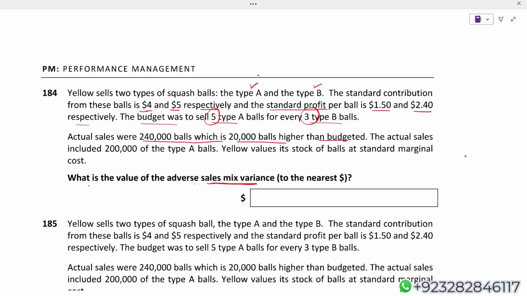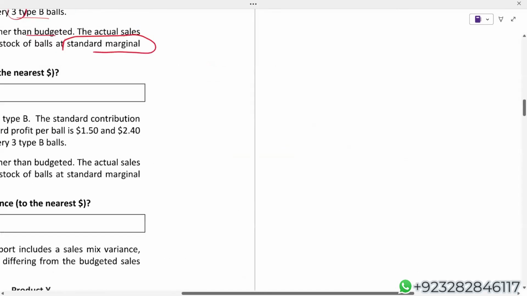The actual sales include 200,000 type A balls. Out of this 2,40,000, if 200,000 belongs to type A, obviously 40,000 belongs to type B. Yellow values its stock of balls at standard marginal cost. So we'll be using standard contribution. So question 184.